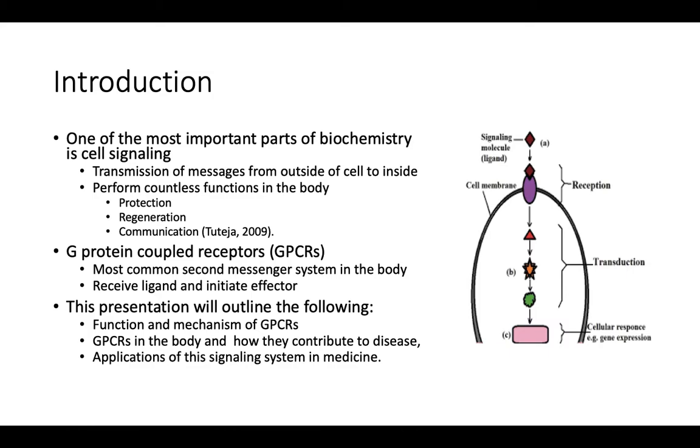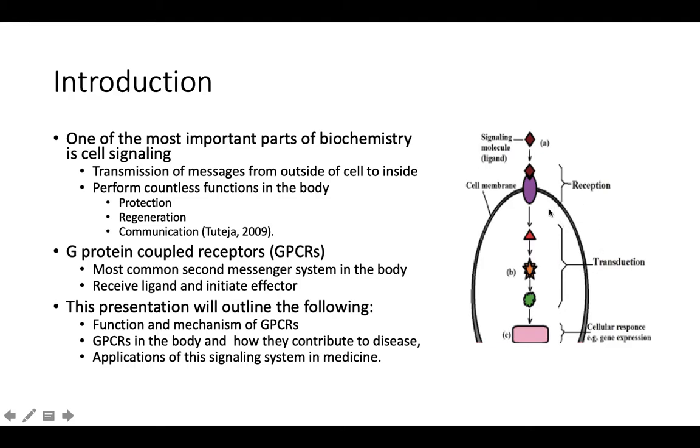One of the most important cell receptors found within the cell are the G protein coupled receptors, and these are the most common second messenger systems in the body. A second messenger system is basically whenever a ligand or a molecule binds to this receptor, and that signals another chemical in the body to produce a certain effect.